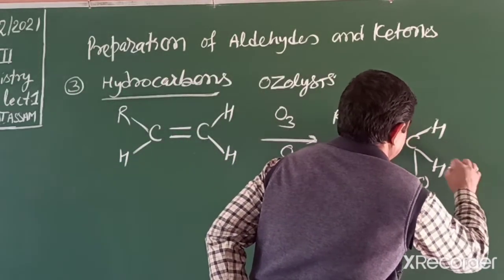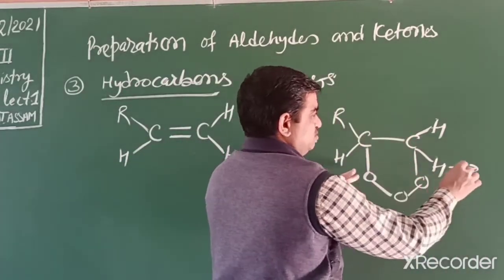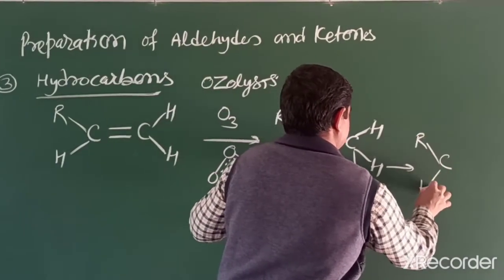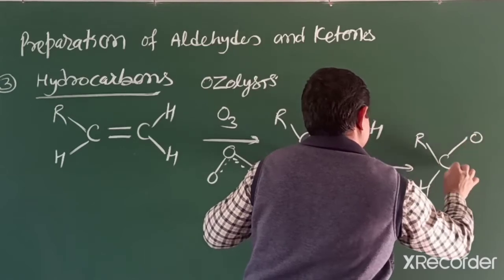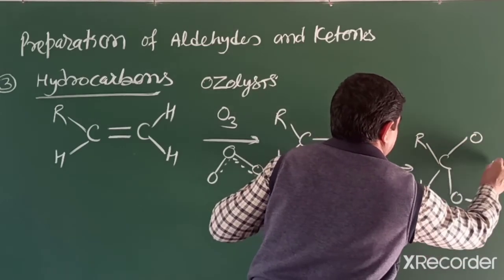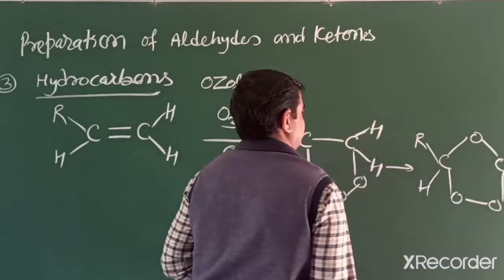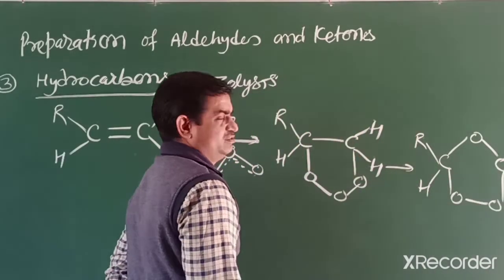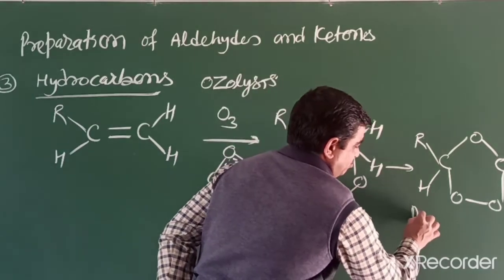Further, this bond dissociates and the compound rearranges, and such a type of compound is formed. This is known as monoozonoid.